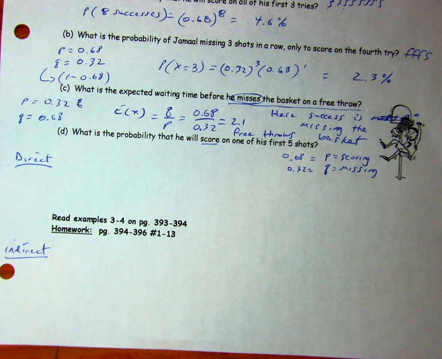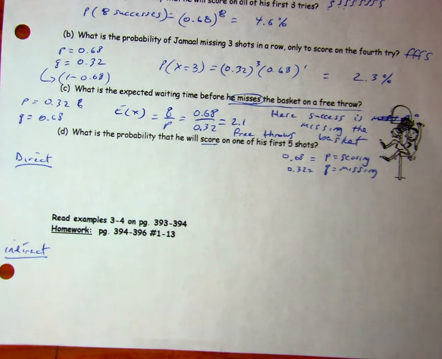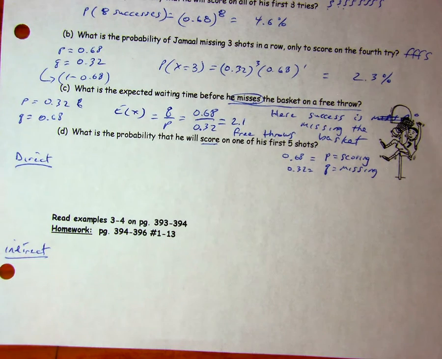What is it asking? What is the probability that he will score on one of his first 5 shots? So either he throws a free throw and gets it right away, or he does 2 free throws, misses the first one and gets it on the second one, or he does 3 free throws, misses the first 2 and gets it on the third one, and so on. That's really what it's asking.